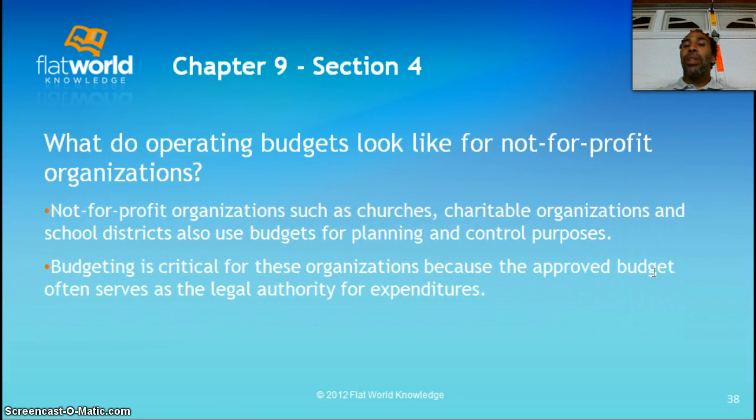So what do operating budgets look like for not-for-profit organizations? Well, not-for-profit organizations such as churches, charitable organizations, and school districts also use budgets for planning and controlling purposes. Budgeting is critical for these organizations because the approved budget often serves as the legal authority for expenditures.